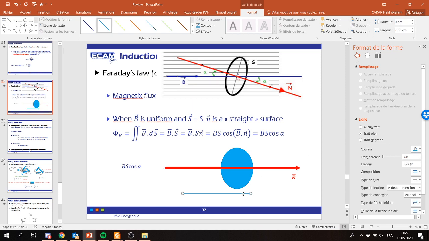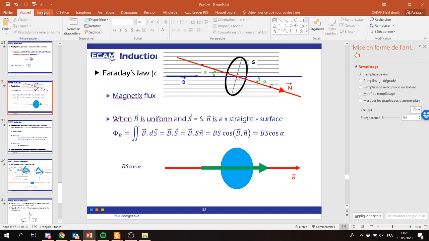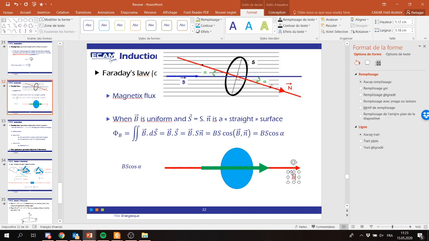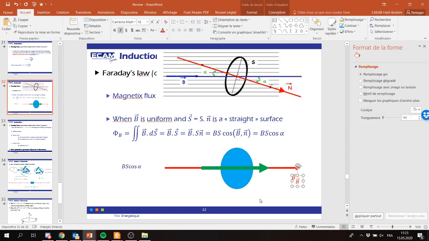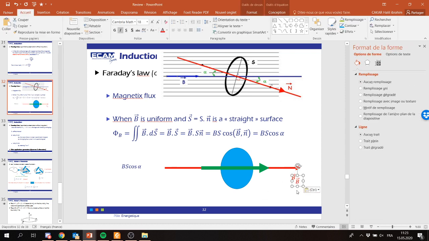Let's say in this position this is the normal vector, in a different color to differentiate it.